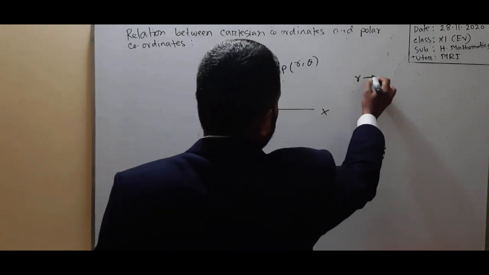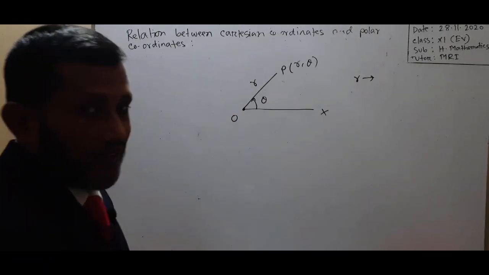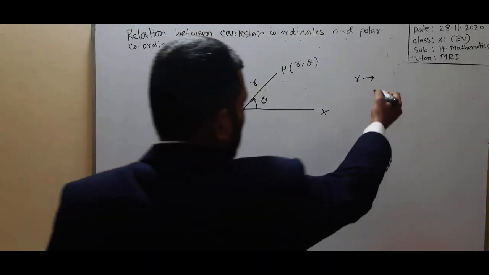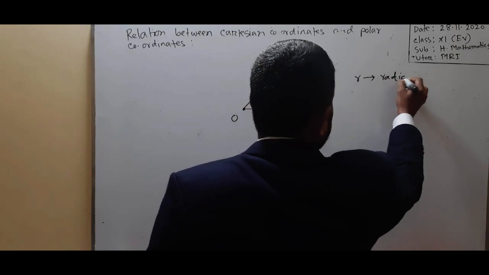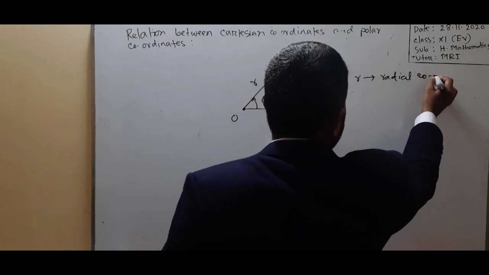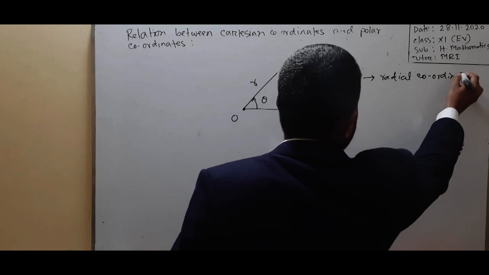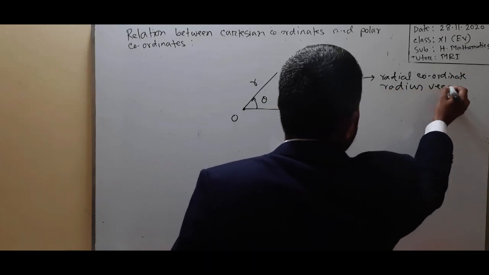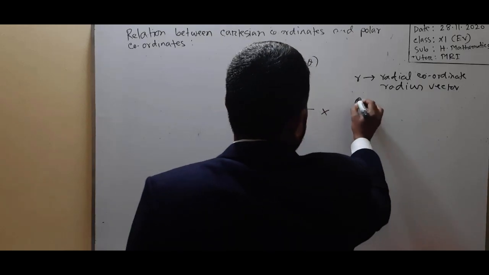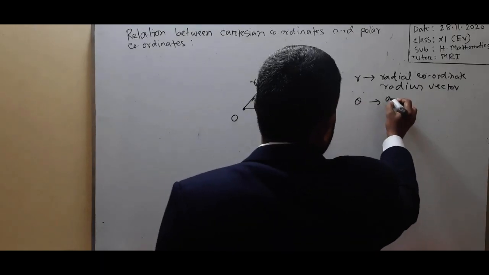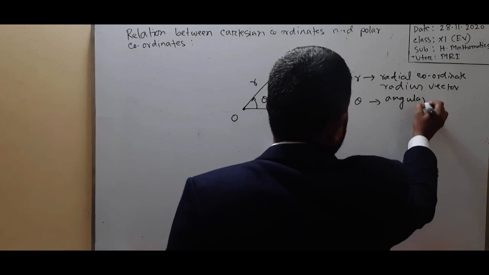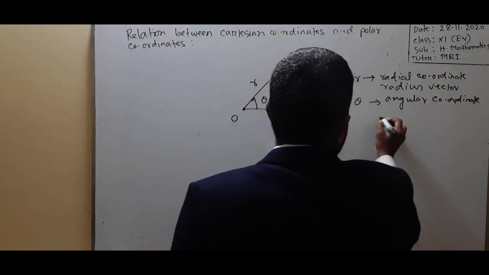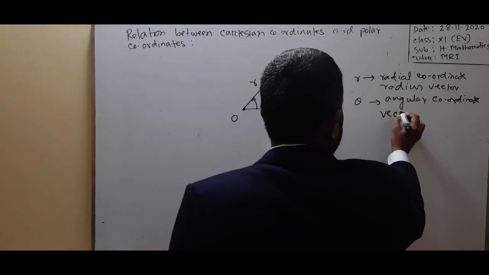Here r is called the radial coordinate or radius vector, and theta is the angular coordinate or vectorial angle.